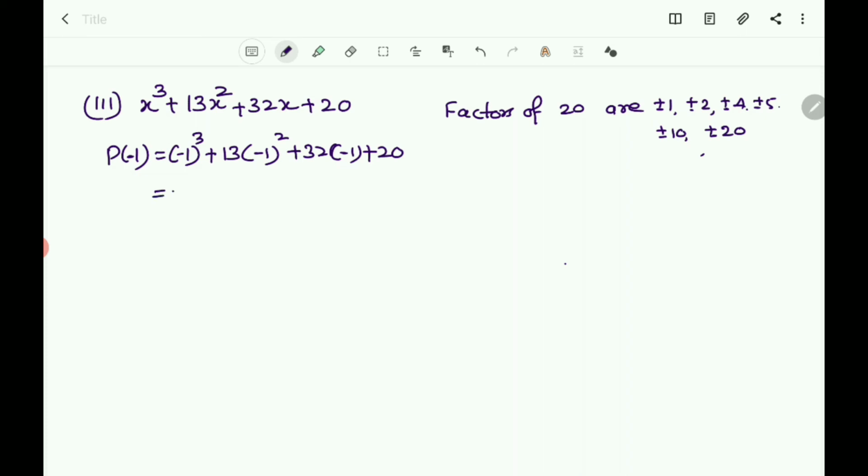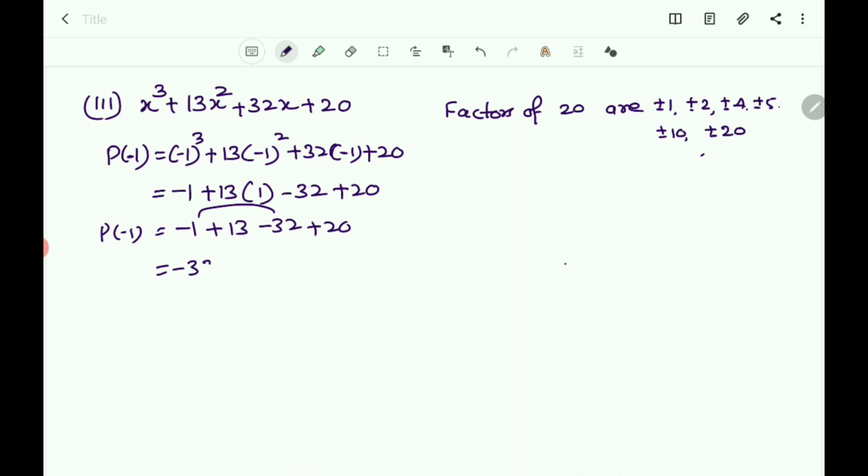Then it is -1 + 13 - 32 + 20. So the sum of these two is -32 and the sum of the other two is +33. So p(-1) = 0.